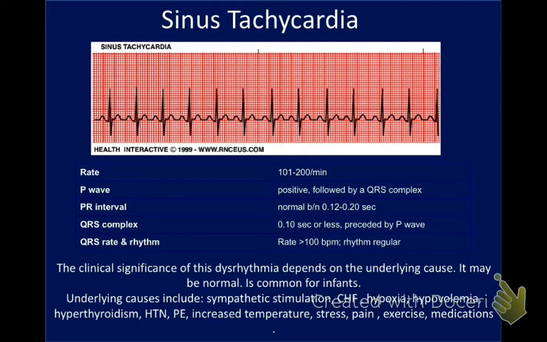So instead of doing lub, dub, it's like blah, blah, blah, blah, blah, okay? It's just going too fast. It can't fill. So again, the same result happens. I still have low cardiac output. So I'm still going to have all those symptoms of dizziness and shortness of breath and pale, cool skin. Just a different reason.